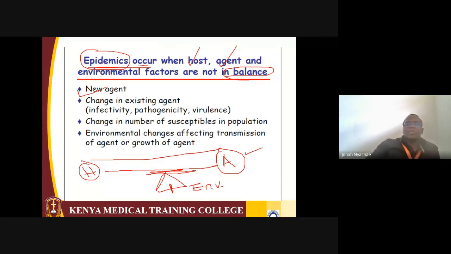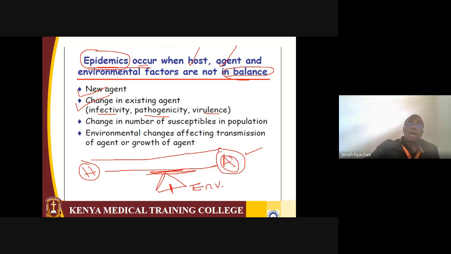Another thing that can cause this imbalance is when we're having changes in an existing agent. I will tell you, we shall define later infectivity, pathogenicity, and virulence. So when there is a change in an existing agent, maybe it was HIV type 1 and now it becomes type 2, it will tilt the balance because we don't have the medications to cure it.